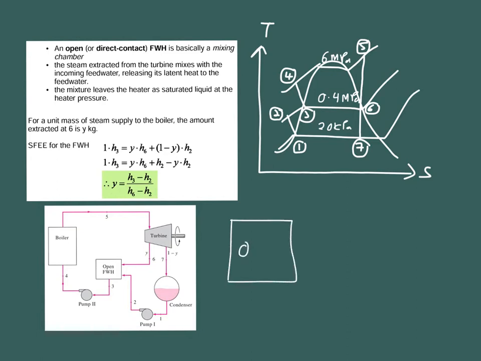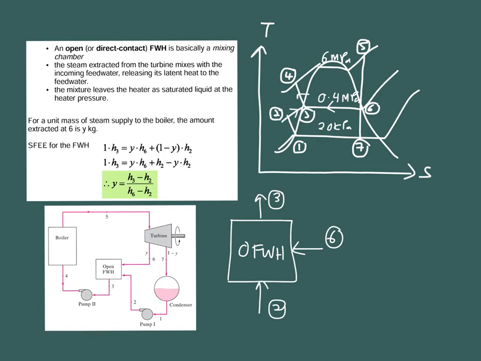So this is your open feed water heater, and you have, down here, the flow from state 2, and this one is from state 6, and this one going out here is your state 3. So all of this is happening at this point, right? So you have here, and then here, and it goes out here.